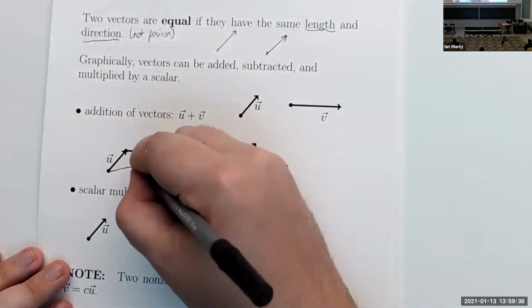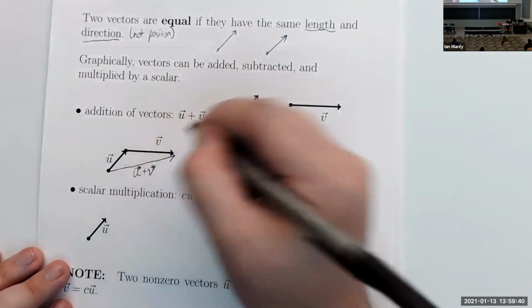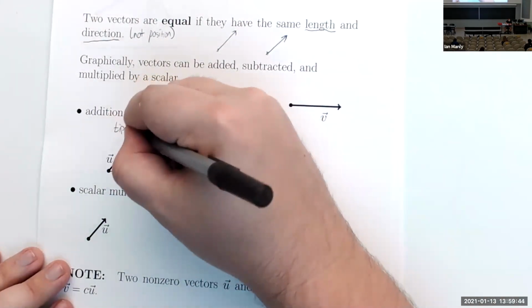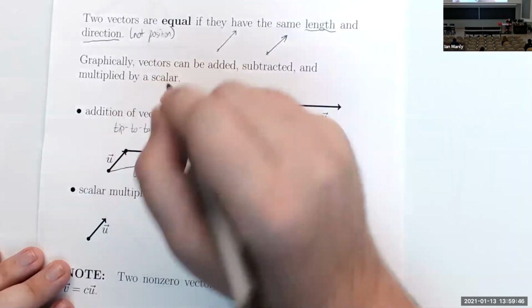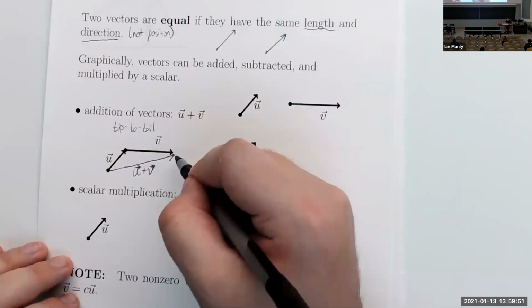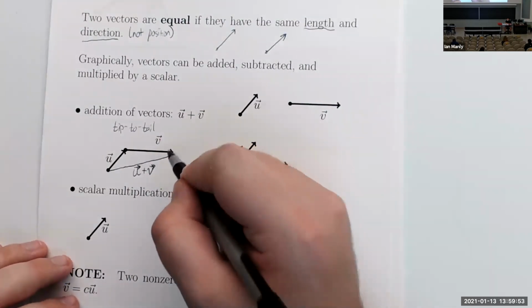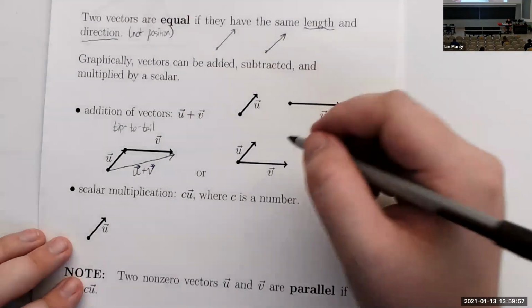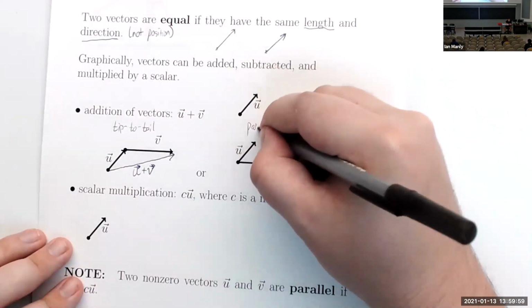And this would be the vector u plus v. This method of addition often has the name tip to tail. I think that's a pretty common name for it. But essentially, you start from the beginning of the first vector and go to the end of the second vector here. Another way of adding vectors is called the parallelogram method.